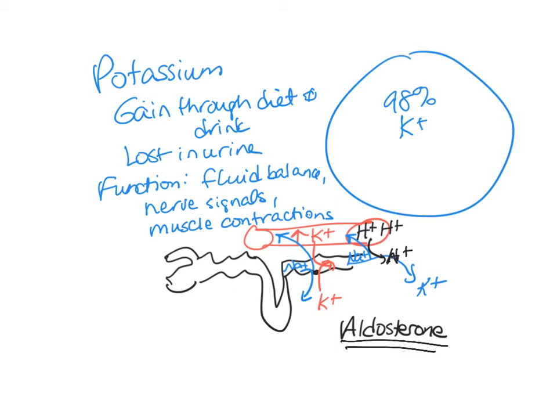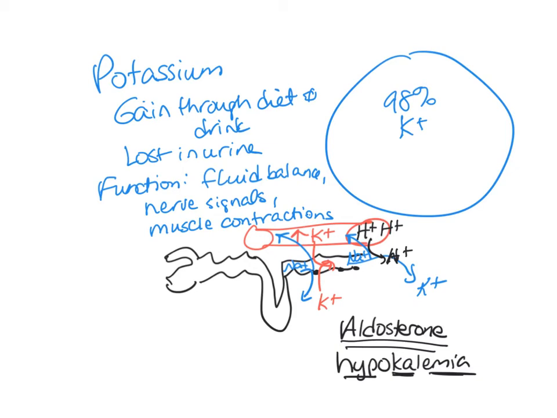And in that case, a person would have hypokalemia. Hypo meaning too low potassium in the blood, because they're losing too much potassium because aldosterone is causing an increase in sodium reabsorption and a consequent increase in potassium secretion.